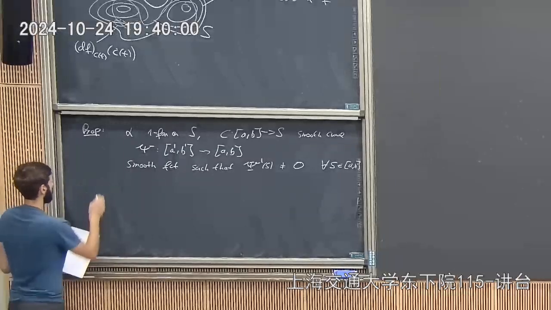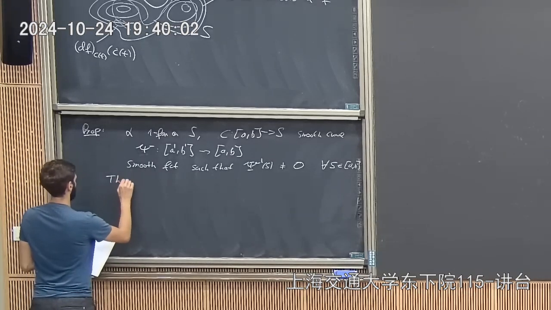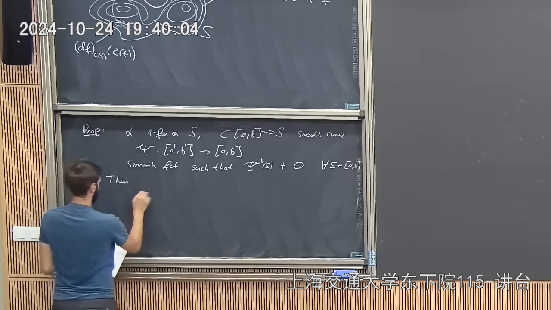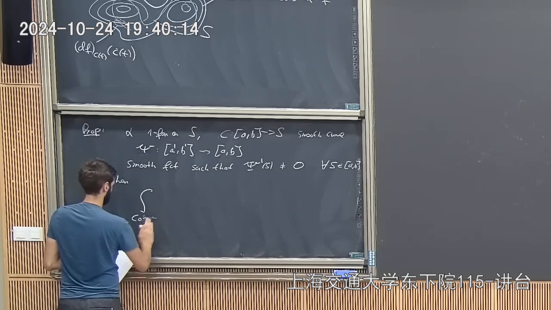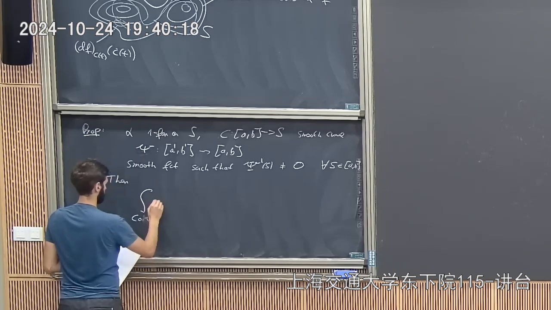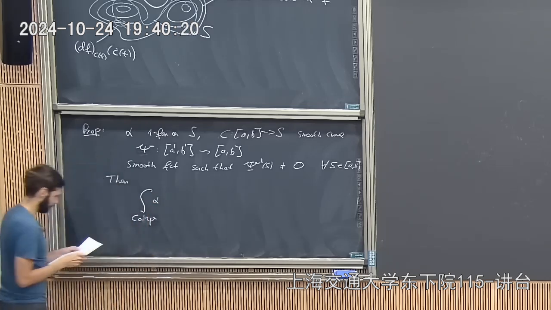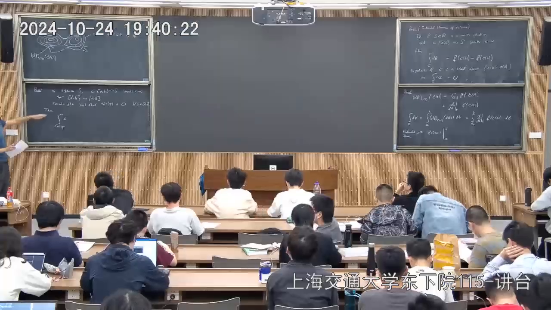Vanishing derivative. And then the proposition is saying that two things can happen.